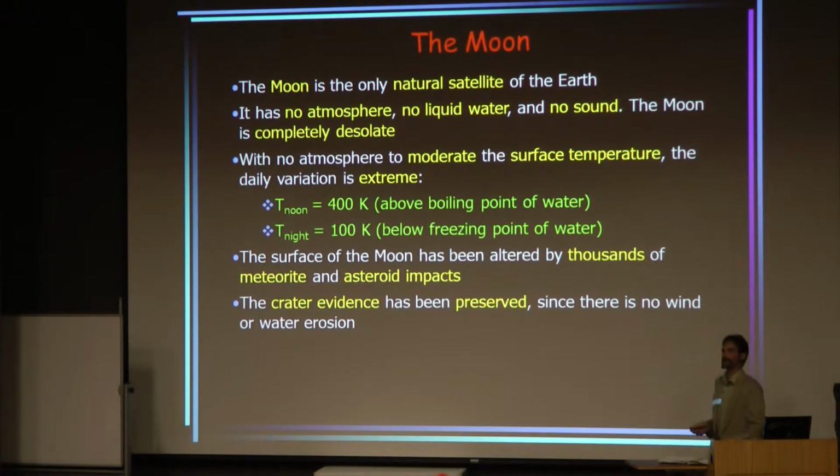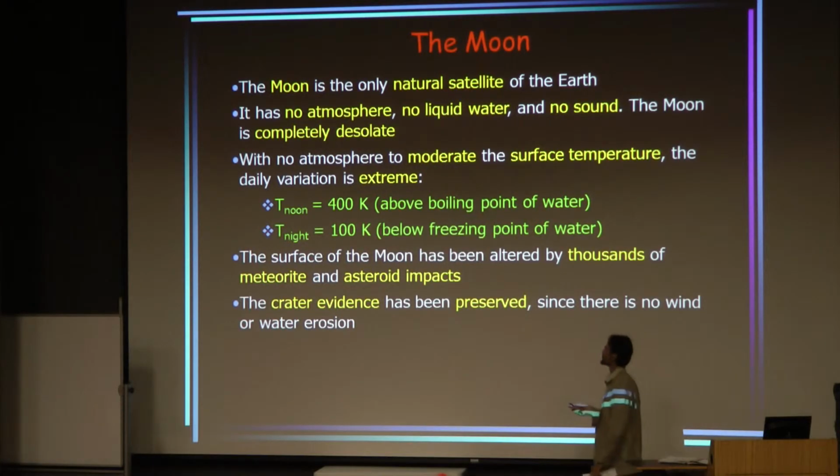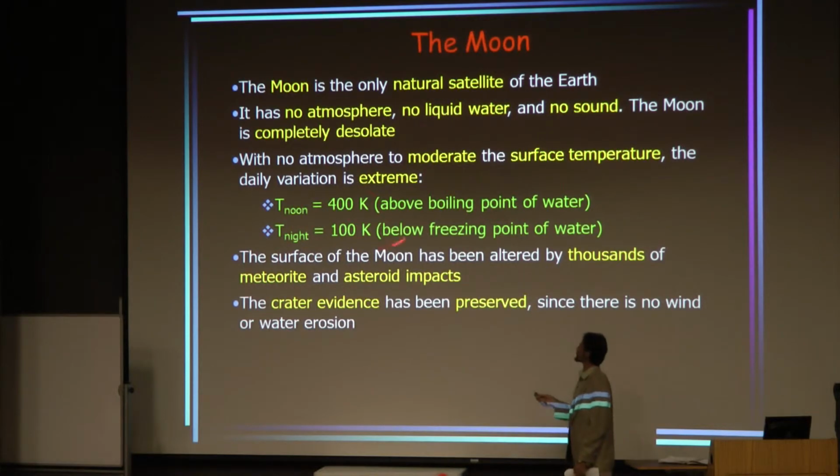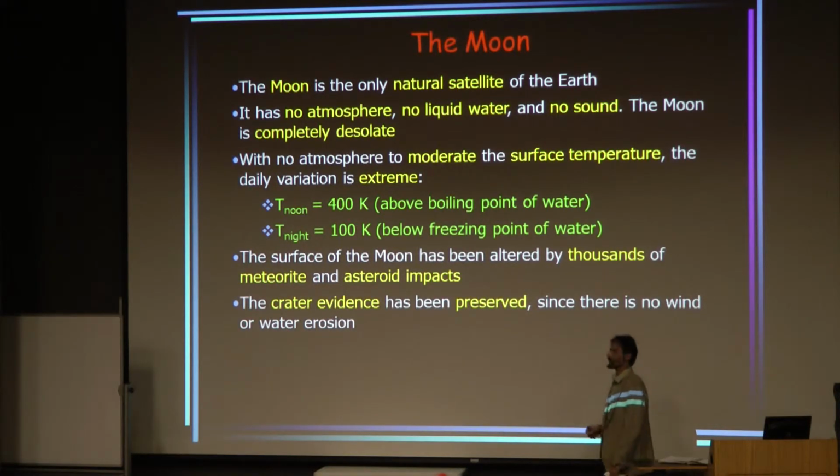So if we had no atmosphere on the Earth, and we didn't have the atmosphere providing this thermal blanket, which gives us some continuity of temperature, we would be seeing temperature variation just as strong as what we're seeing here on the moon. A temperature over 400 kelvins at noon and only 100 kelvins at night. I mean, that's way, way below the freezing point of water, which is like 273 kelvins.